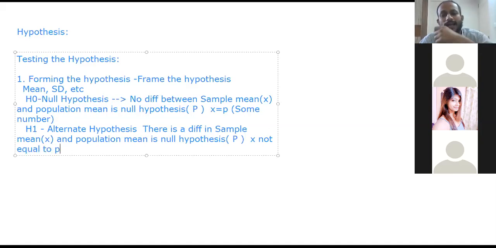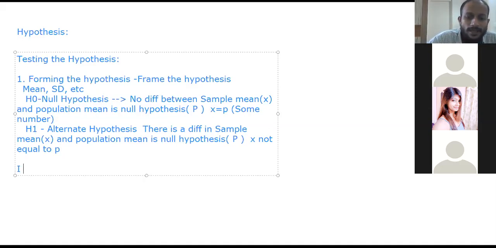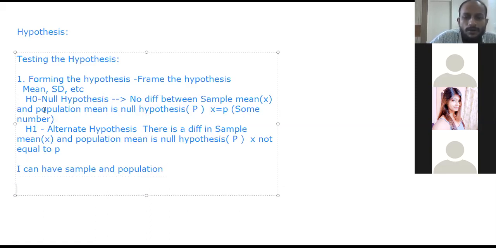Now I can have a sample and a population, or I can also have two samples. Two samples means, for example, the BCU and AU classes. Two samples, there is no population here.